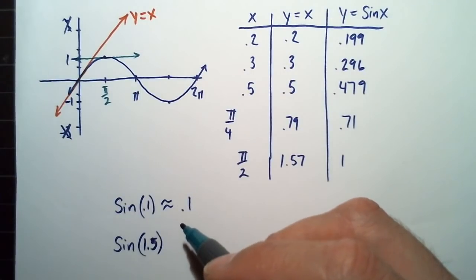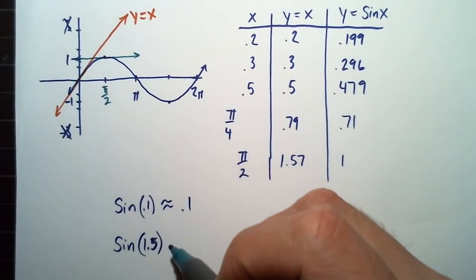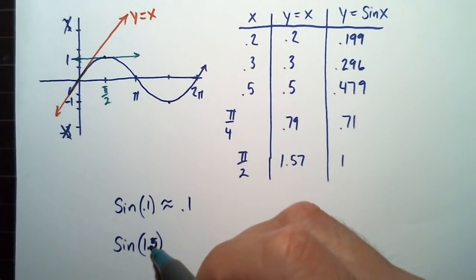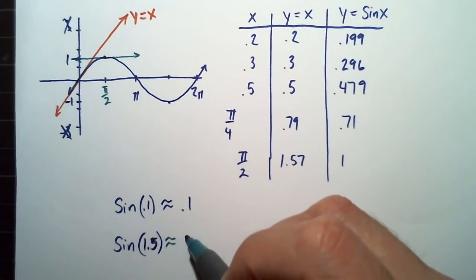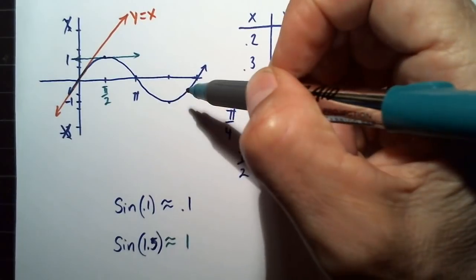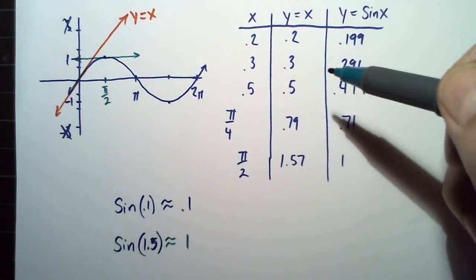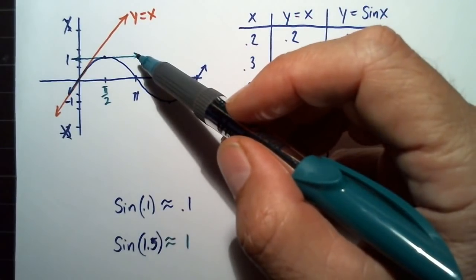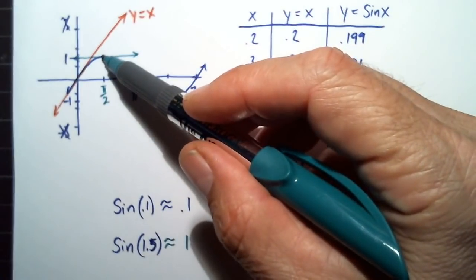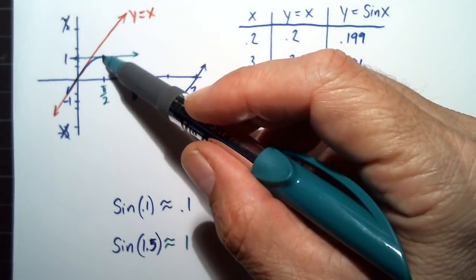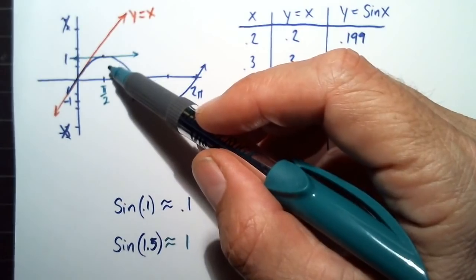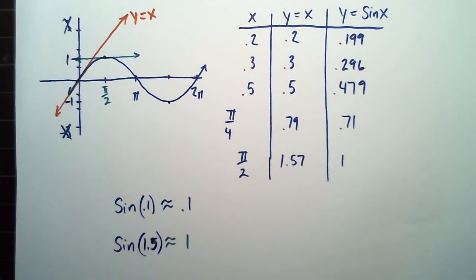So our tangent line would say that sine of 1.5 is approximately 1 if we use that tangent line. So there's an example of we choose a tangent line that has a point of tangency close to the x value that we want to approximate.